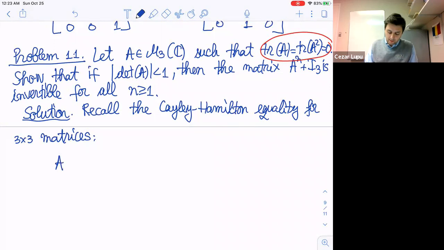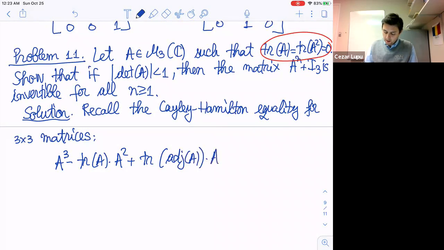Recall that A cubed minus trace of A times A squared plus trace of the adjugate of A, we have talked about this, times A minus the determinant of A times the identity. This will be the zero matrix.